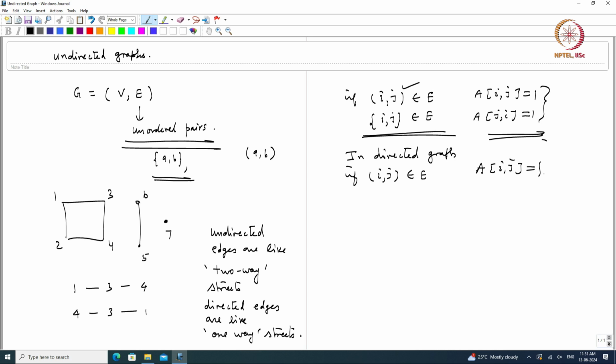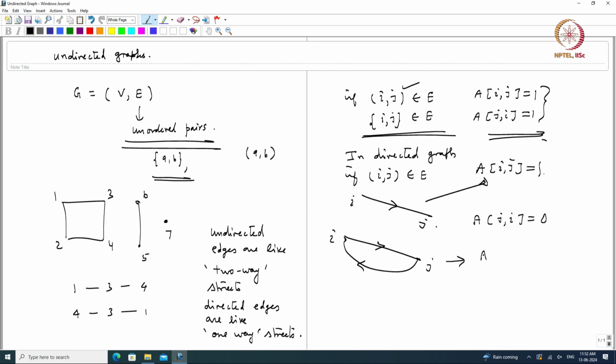So, this says from i to j an edge exists, therefore only one entry. What about the other entry? The other entry could be 0 or could be 1. In this case Aji is 0. But if it is like this, from i to j there is an edge, from j to i there is an edge.